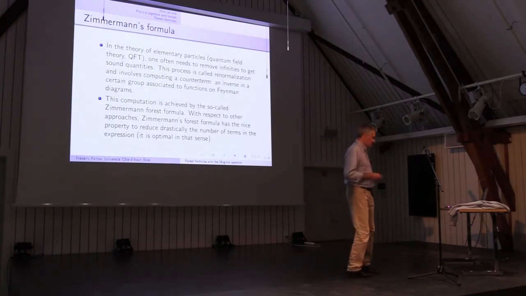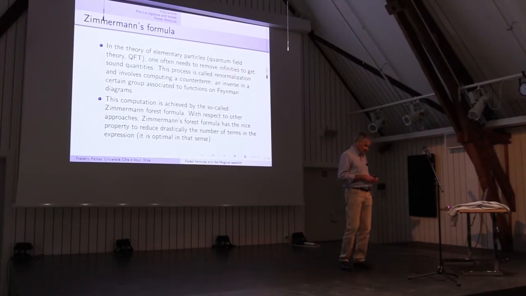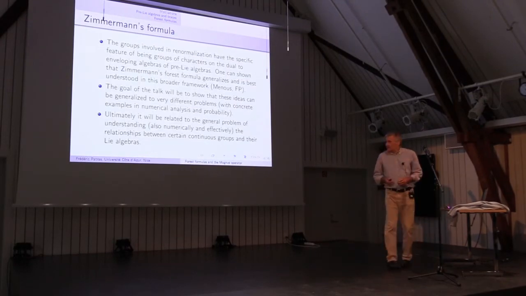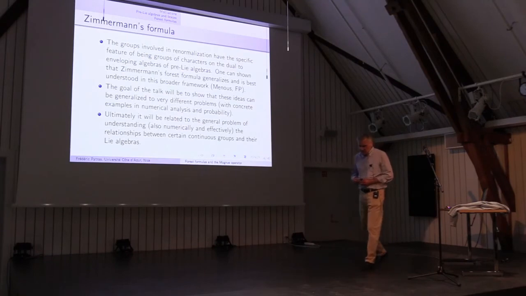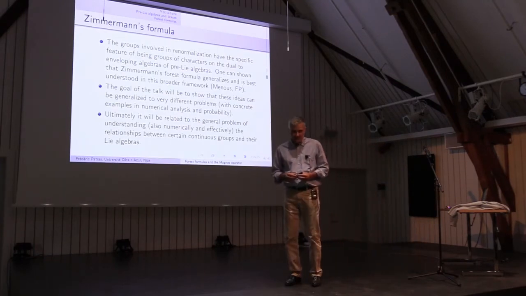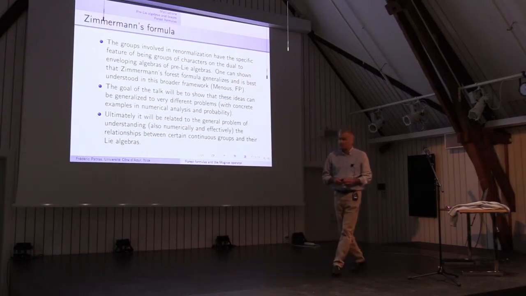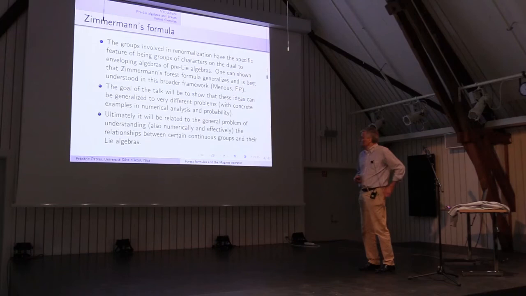So we managed to prove that this Zimmermann forest formula had a much more general formulation, and the idea of the talk today is essentially to show that this kind of strategy applies also to other problems, and I will focus mostly on the Magnus problem that I will explain later.